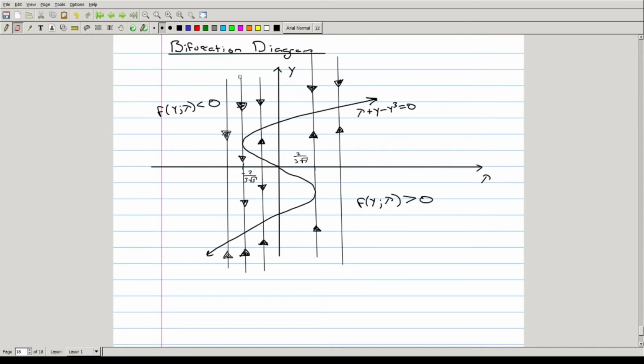So by the convention that we introduced before, that means that this section of our curve, the middle section of our curve, is completely unstable.